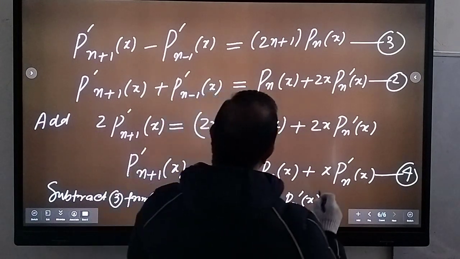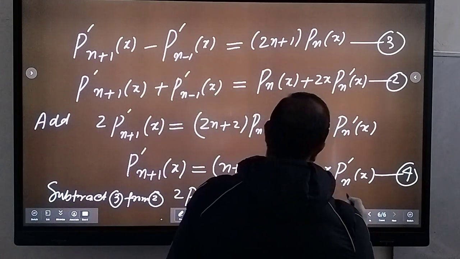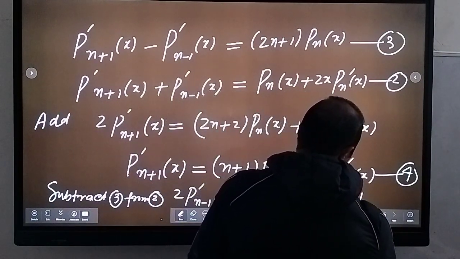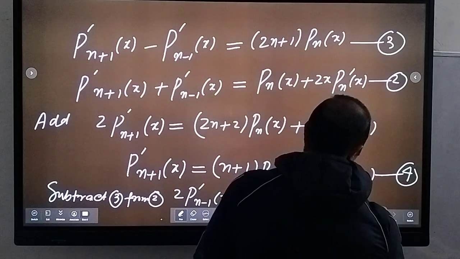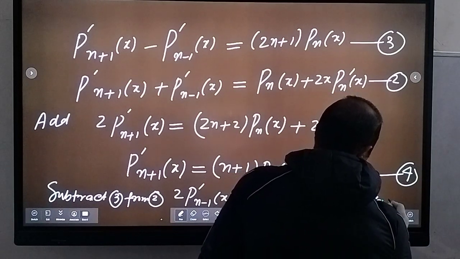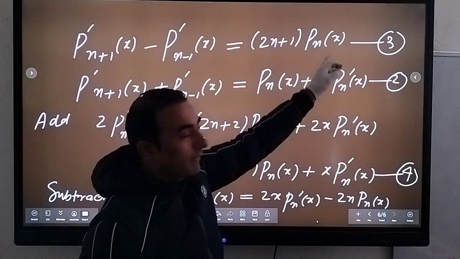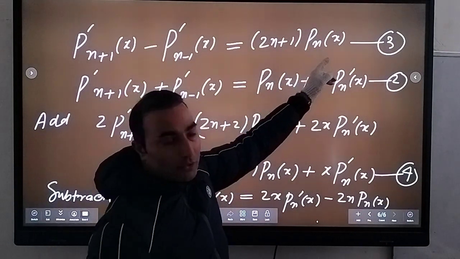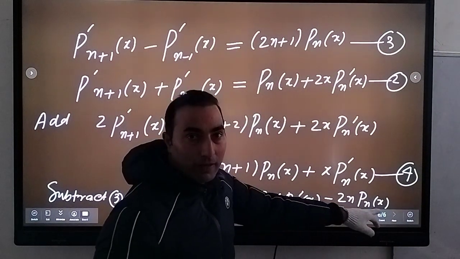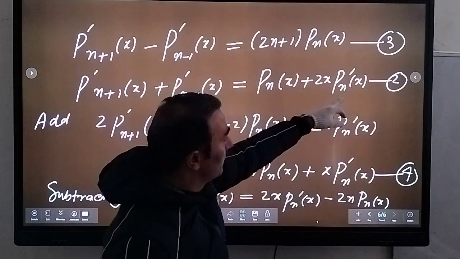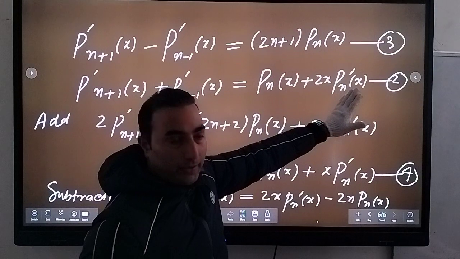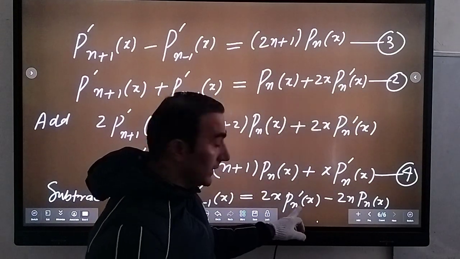and now minus 2n pn of x, right? Because here we have to do pn of x minus 2n minus 1 pn of x. So one pn of x will cancel, and this will give minus 2 pn of x, and this will be 2x because we need to subtract third from second. So it will be 2x pn dash of x.